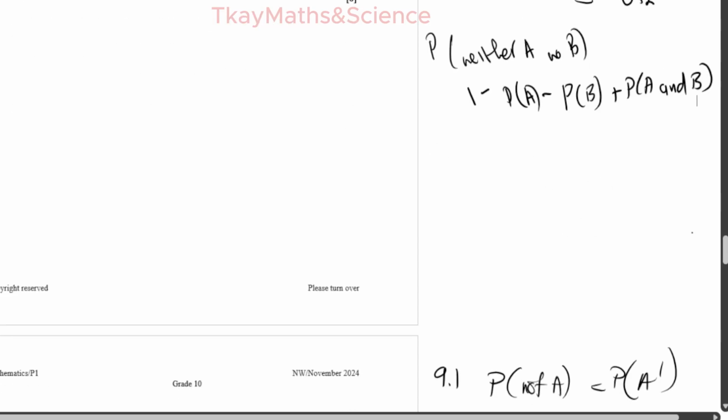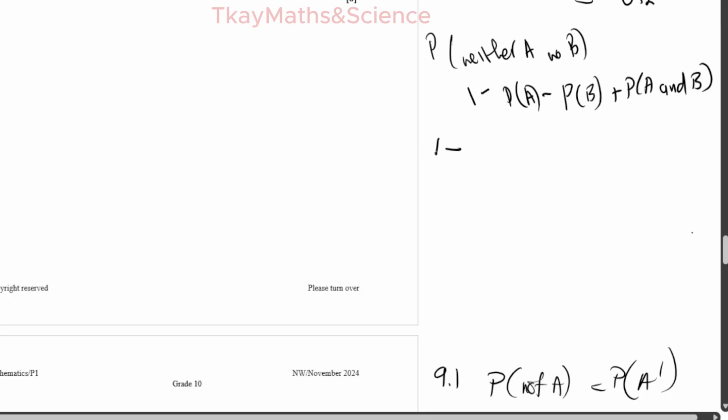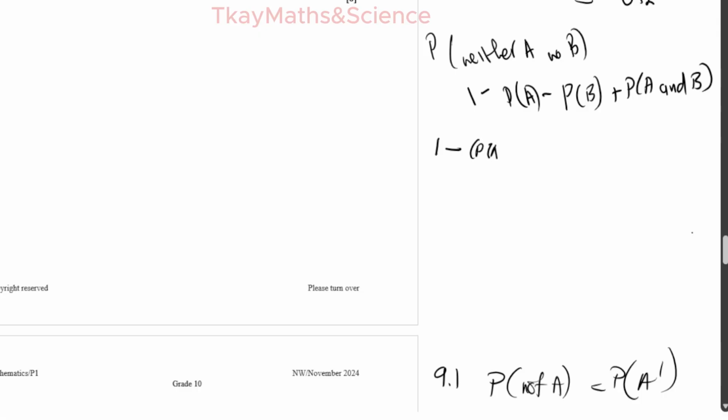Or alternatively, we can write it as the probability 1 minus the probability of getting A, right, minus the probability of getting, that is A only here, minus the probability of getting B only, right?